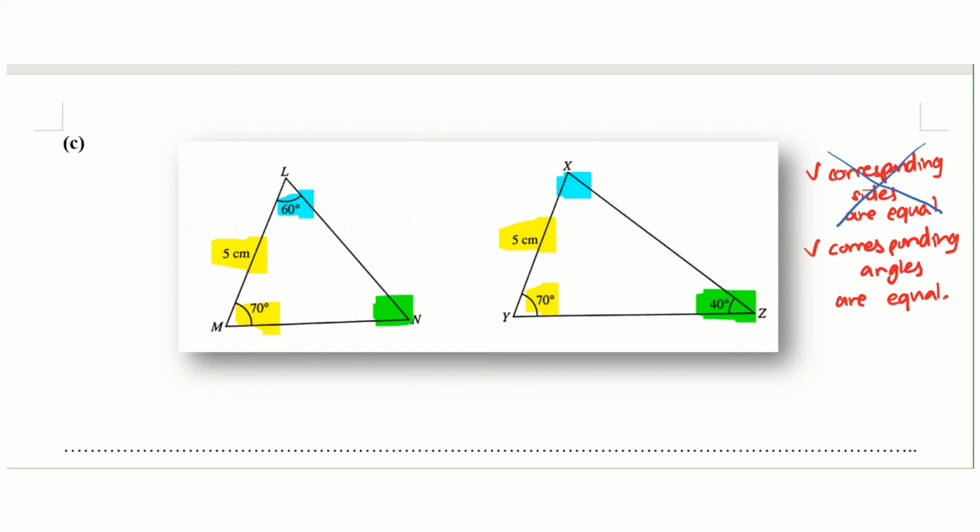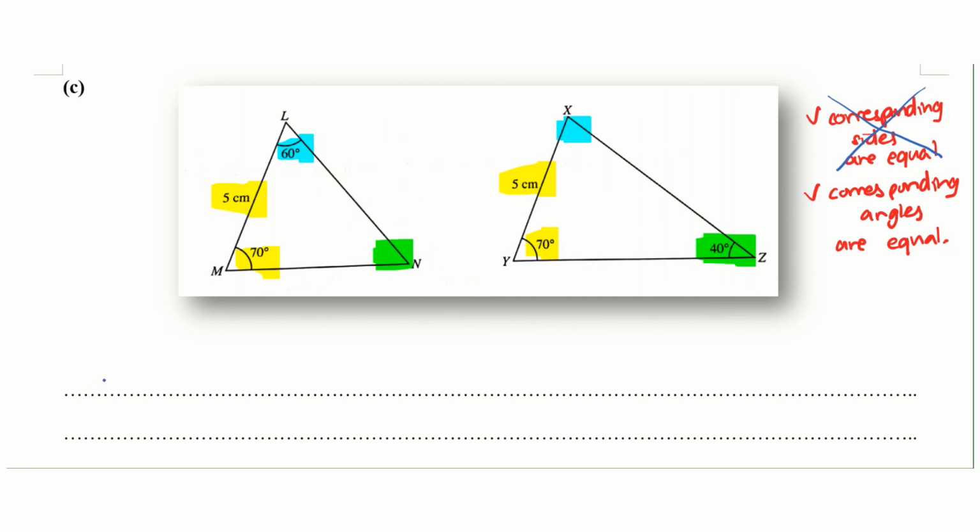But this missing information can be found by using our angle sum of triangle property. So let's find out what is angle MNL first. That will be 180 degrees minus 70 degrees minus 60 degrees, and we will get 50 degrees. That is applying the angle sum of triangle property.